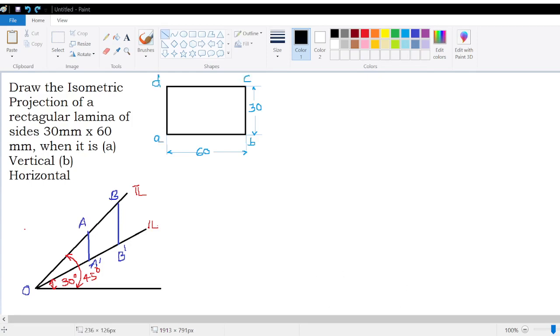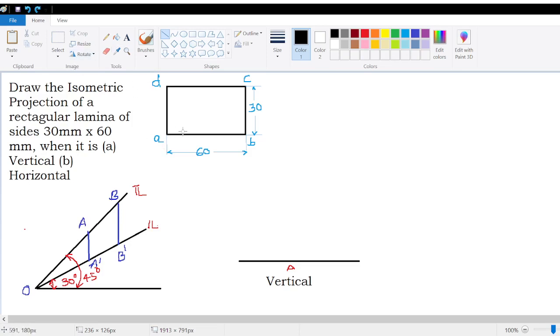So let's draw the case when the lamina is vertical. Now for that, first we'll draw a baseline, which is identical to our xy line. So draw a baseline and you locate any one point in this lamina. So let us pivot the point A. So mark a point A on this baseline, and from that you identify the edges.